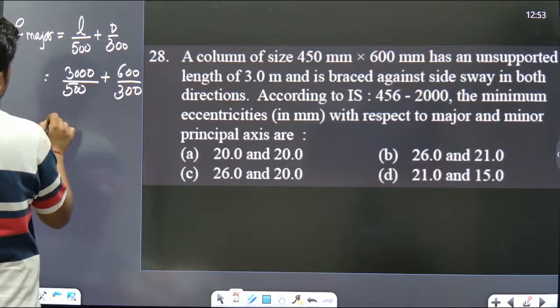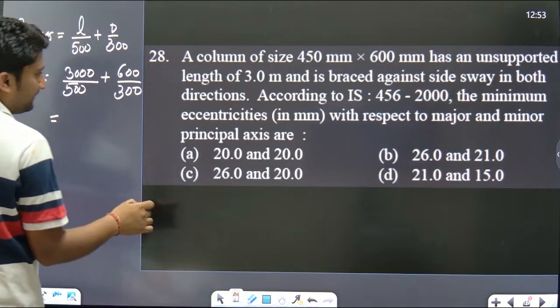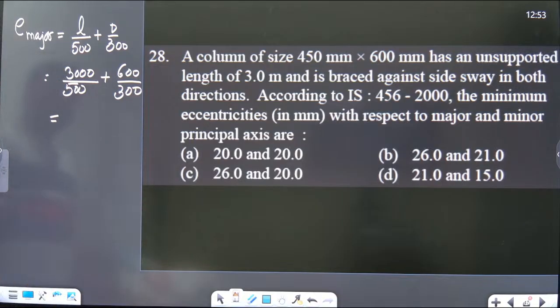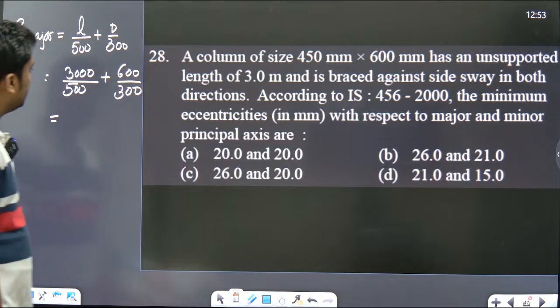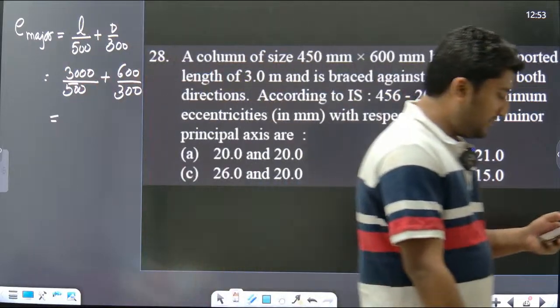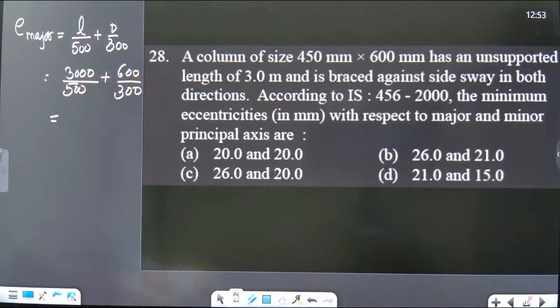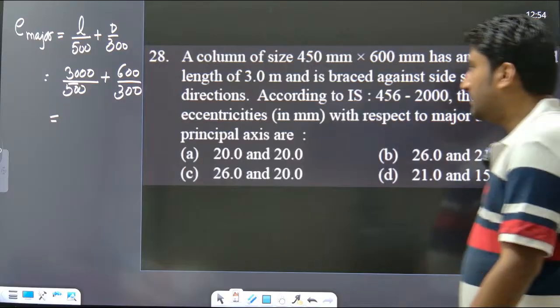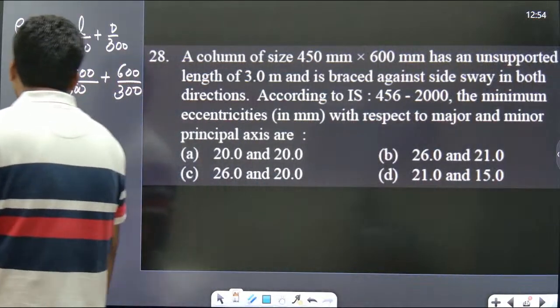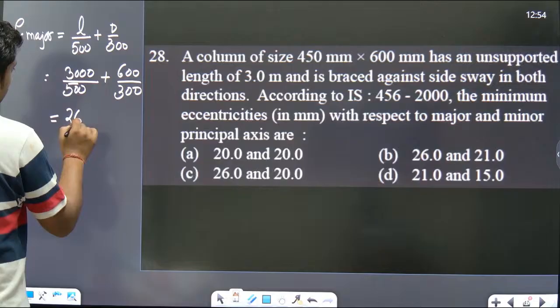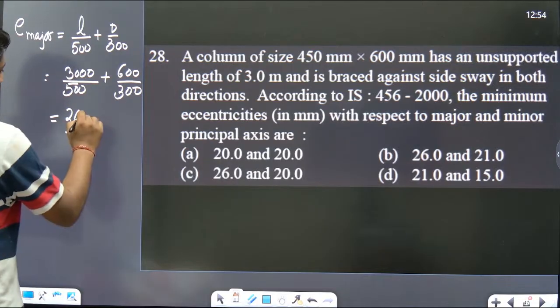So this is 6 and this is 20, giving 26. So 26 mm is the correct answer.